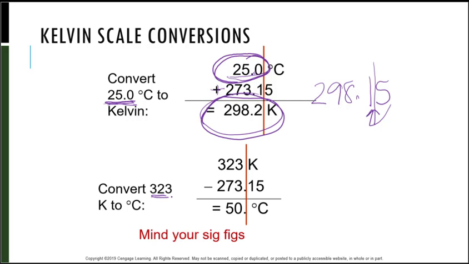And if I have 323 Kelvin, I need to finish significant to the ones. So 323 minus 273.15 would be 49.85. Again, when you're adding or subtracting, you go to the least precise place, which would be the ones in this case. That 8 will round that 9 up to a 50.